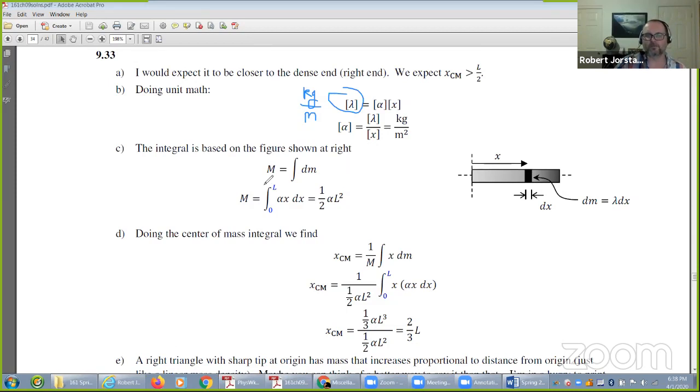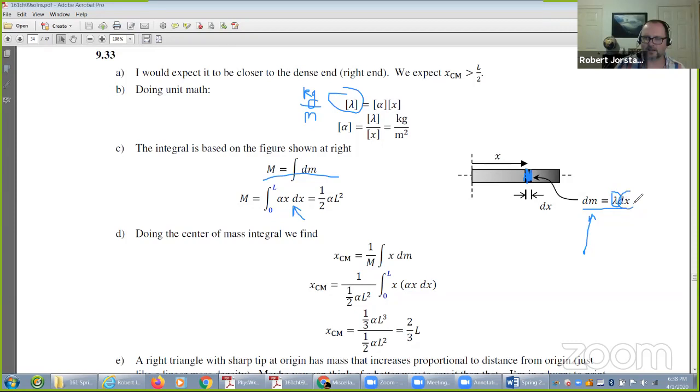If I want the total mass, don't overthink it. Shove in the density and integrate. dm, the mass of my slice, this thing in blue here is my slice. The mass of this particular slice is given by the density of that slice times the length of the slice.